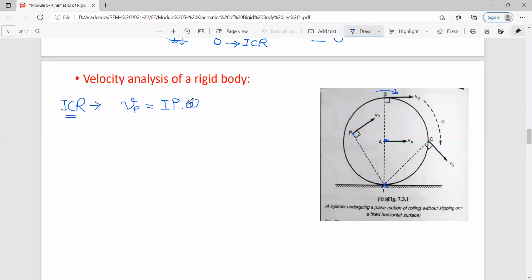Similarly, you can calculate the velocity of any other point which is on the cylinder. So for example, you consider the point B. So how to calculate the velocity of point B? First you know the radius for point B is IB.